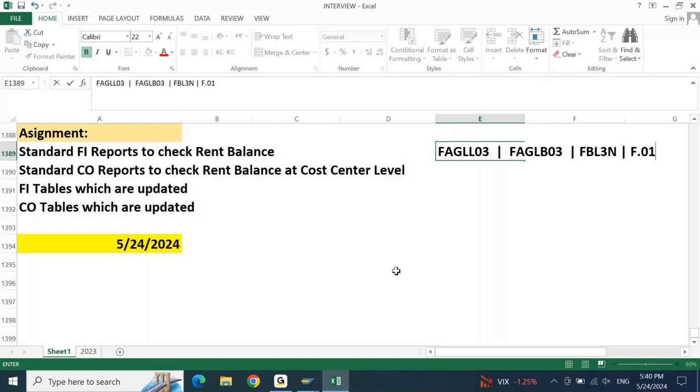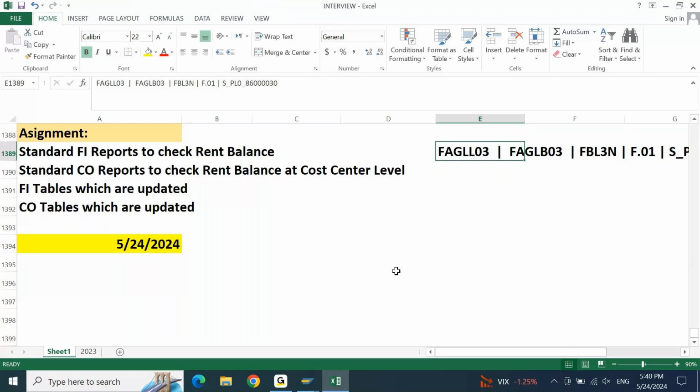F.01. In your trial balance, what is the TB transaction code? Yes, S_PL0_86000030. Okay, like that, there are various other reports.